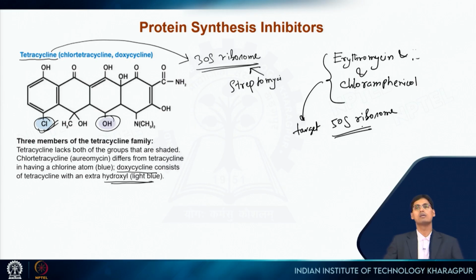Specifically, they create problems with the 23S rRNA present in the 50S ribosome, right? So that's why they are powerful antibiotics, and there are many antibiotics available in medicine shops. They are actually targeting the bacterial ribosome.